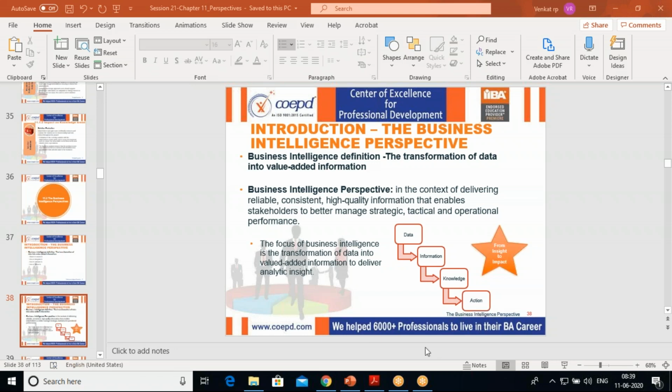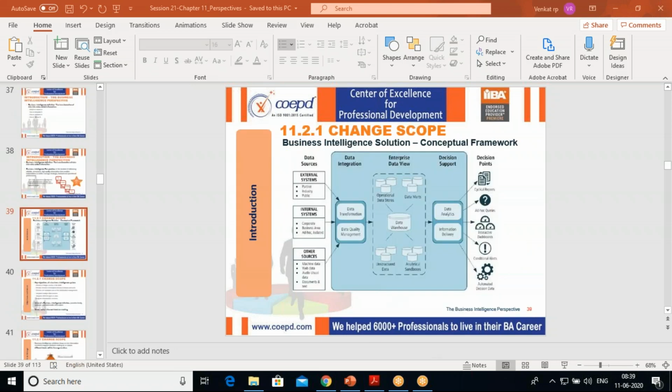If you look at this diagram, from an IT perspective we start creating data as we work, and this comes from internal systems, external systems and other sources. This data comes in and we go for data integration, and that integrated data we push to the enterprise data.